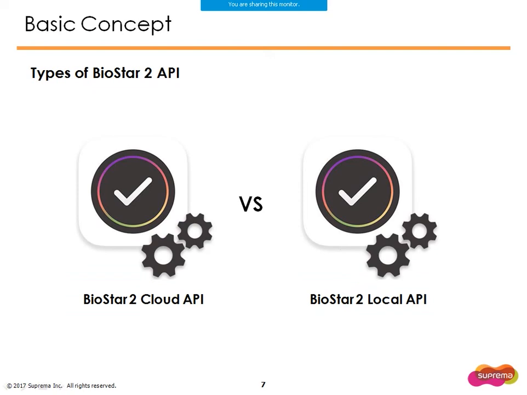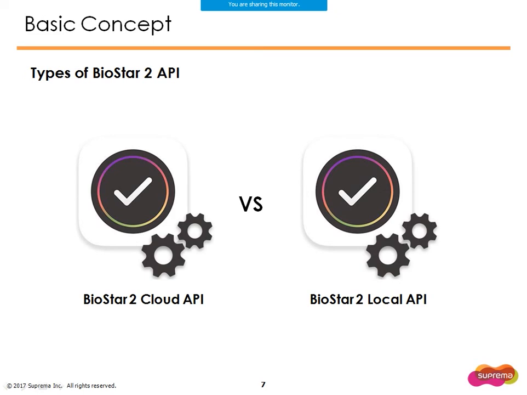There are two types of Biostar API you can use. One is Biostar 2 Cloud API. I will tell you later, but in short, Cloud API is called from the Cloud Server, which is located in Amazon Japan. Therefore, you don't need to install any application for API.